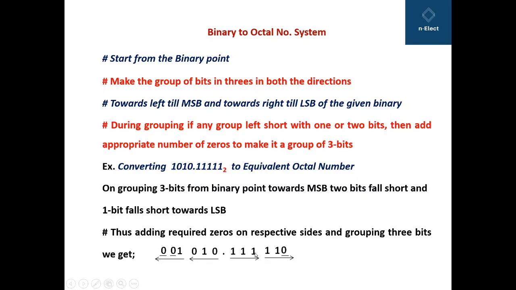Similarly from this point on the right hand side, 1 1 1 is one group, and in the second only 1 1 was available, so we have added 0, and this 1 1 0 is the second group.